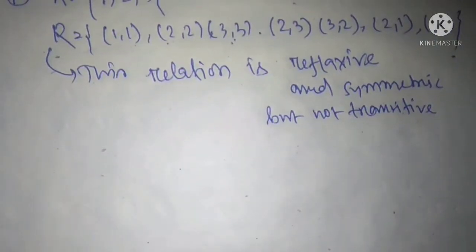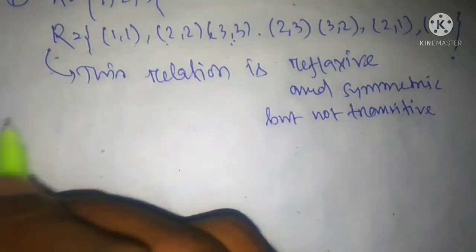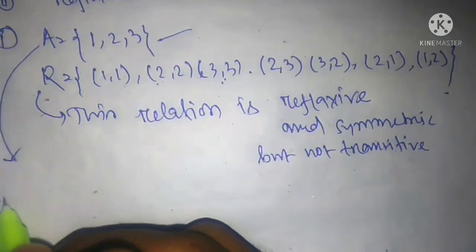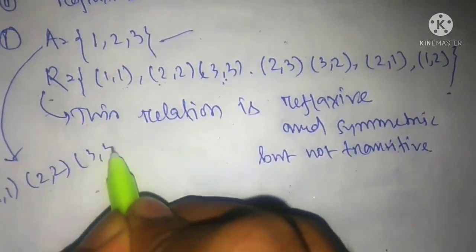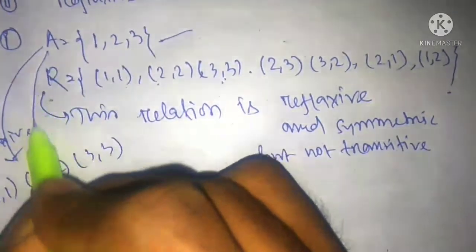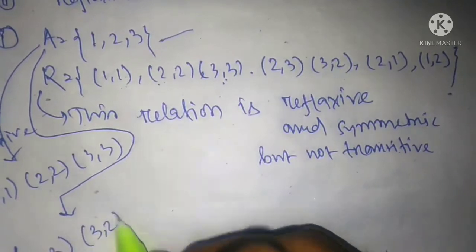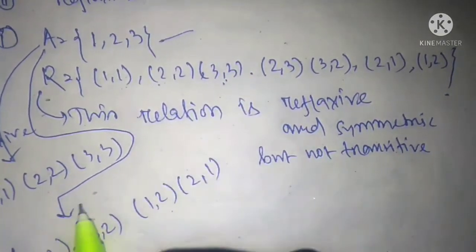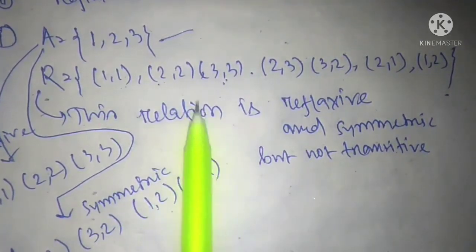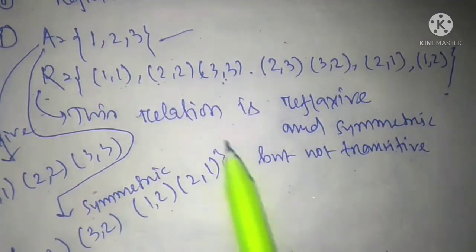We just elaborate in Hindi how it comes. So for this set, the reflexive relations are (1,1), (2,2) and (3,3). And for this set, the symmetric relations are (2,3), (3,2), (1,2), (2,1). जो क्वेश्चन पे कहा गया है कि सिमेट्रिक एंड रिफ्लेक्सिव, so we concatenate these two but not transitive.